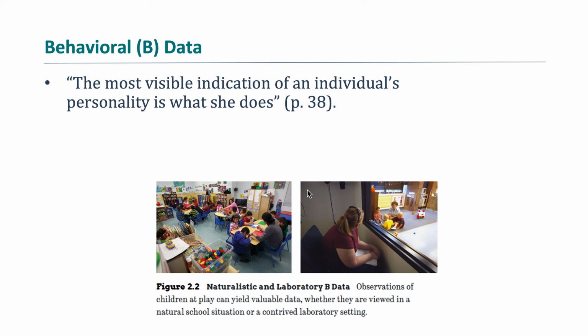And we'll talk a little bit about the difference between direct observation and systematic records. But this is going to be the most visible part of your personality. Somebody actually watching you in a naturalistic setting and observing what you do in daily life or in a lab. What are you like in person?